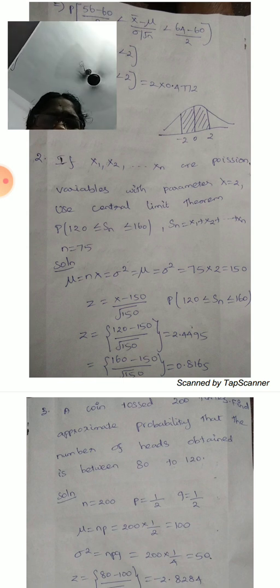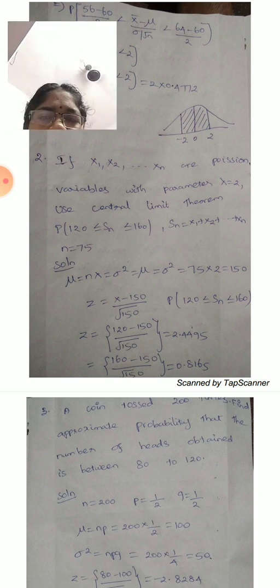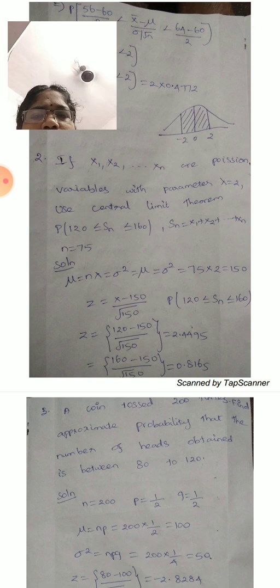Here we have to find the probability of 120 less than or equal to Sn less than or equal to 160. First we take x value 120, and substitute it in the formula: (120 minus 150) divided by square root of 150. We have to simplify this.